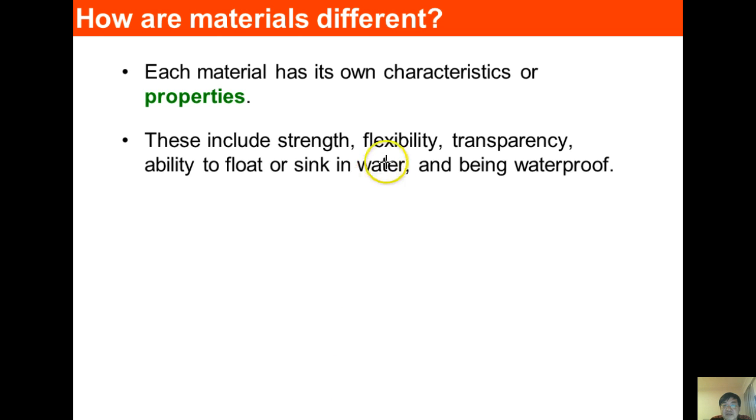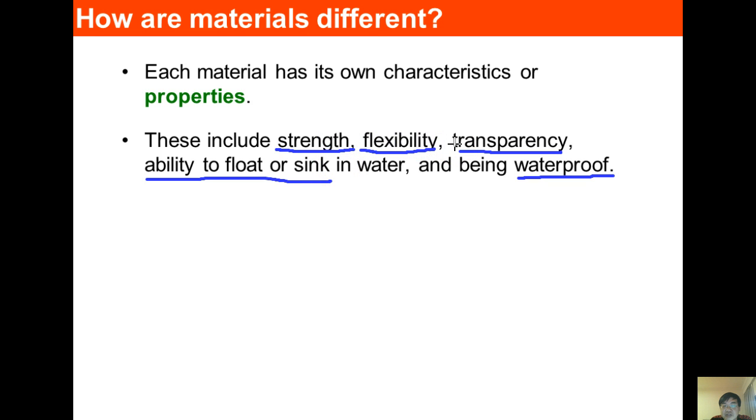Learn these words: strength, flexibility, transparency, ability to float or sink in water, and whether they are waterproof or not.